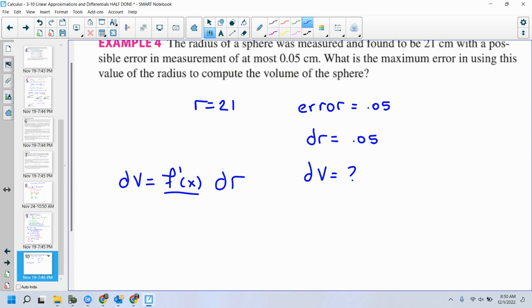Now, what equation are we going to use? The volume formula of a sphere. V is equal to 4/3 pi r cubed, right? Because we know dr, we just have to compute f prime r.